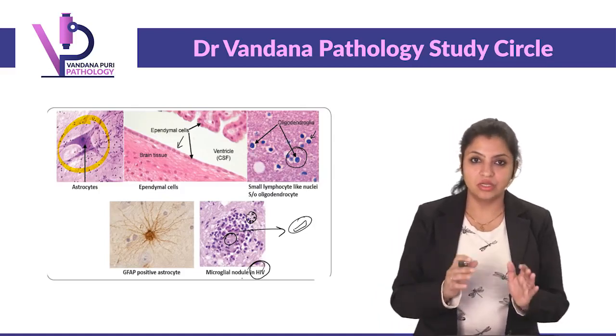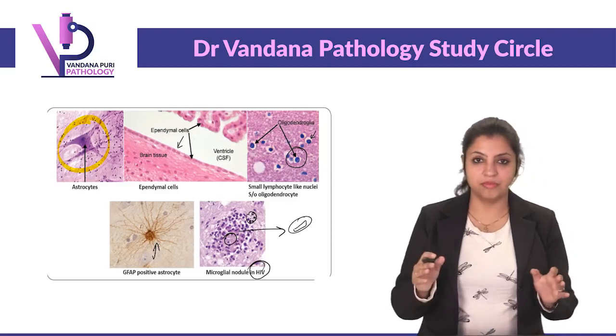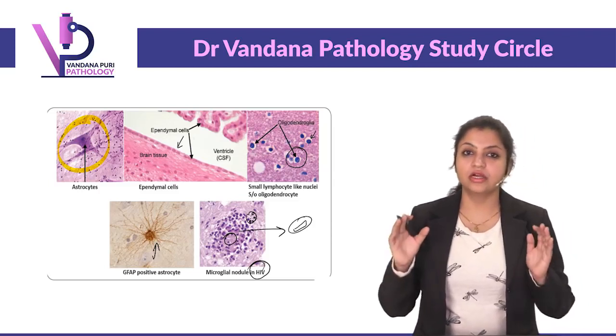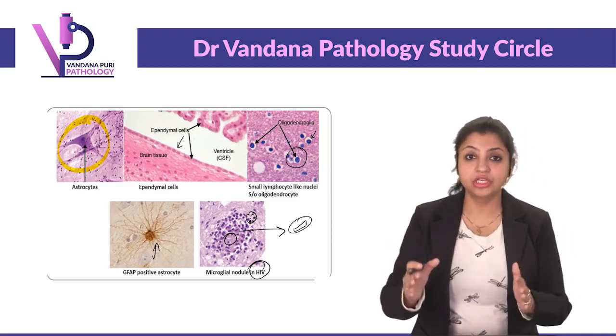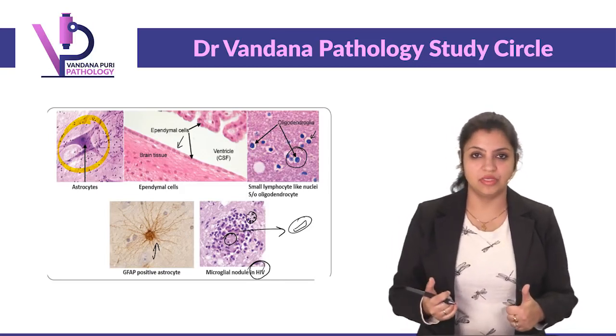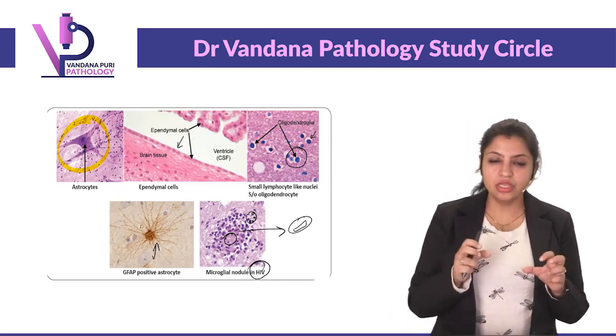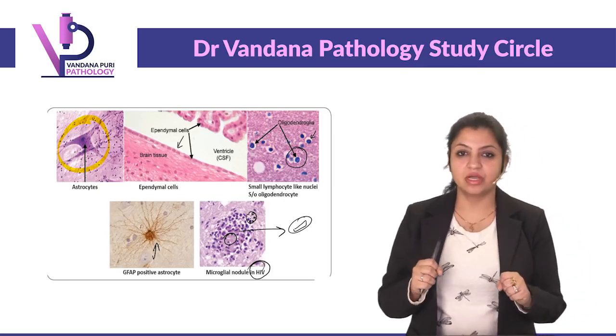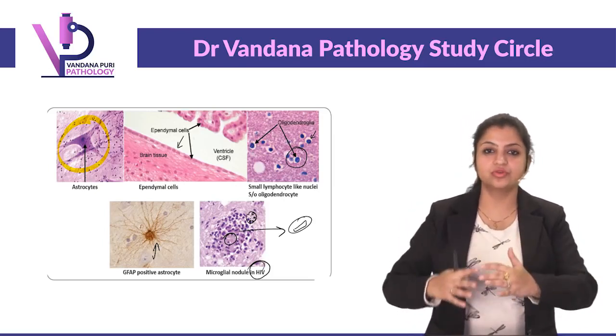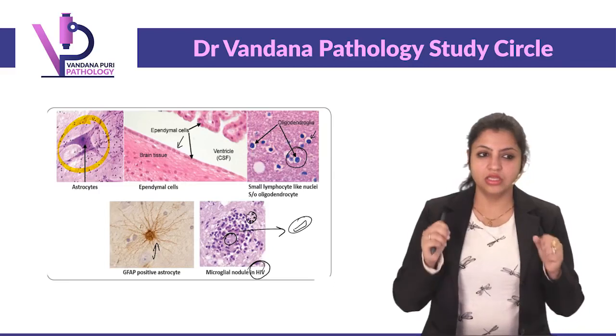Now, I hope you remember when I told you that all the glial cells are usually positive for GFAP. The strongest positivity of GFAP is given by astrocytes because they respond maximally to injury.